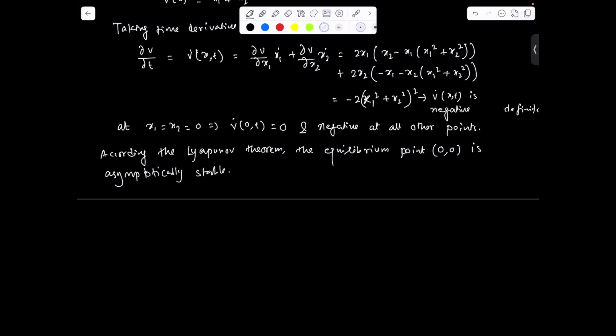And also for x taking any other value, let's consider infinity, we can say V of x, t also goes to infinity.